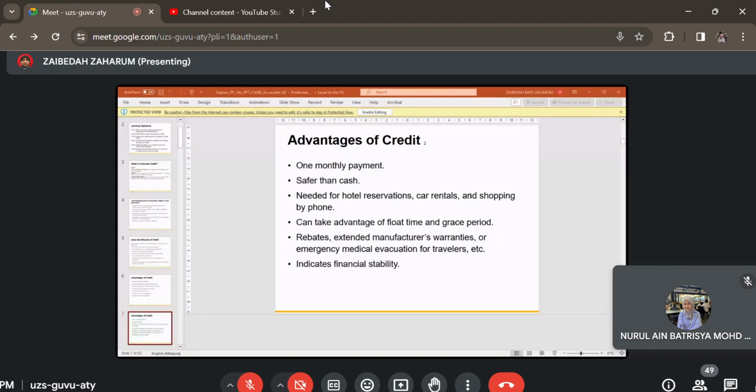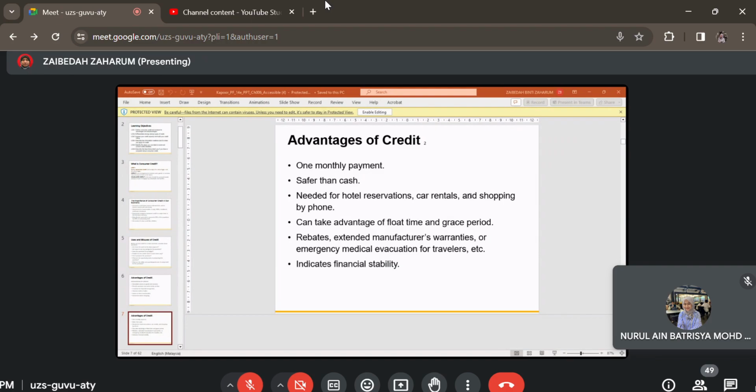Maknanya tadi katakan you punya tu ada 500 baki. So 500 tadi tu, if you pay full by the due date, when you buy a new purchase, there is no interest will charge lah. Itu maksud kita kata grace period or the float time tadi tu.